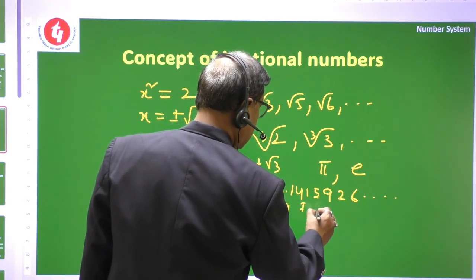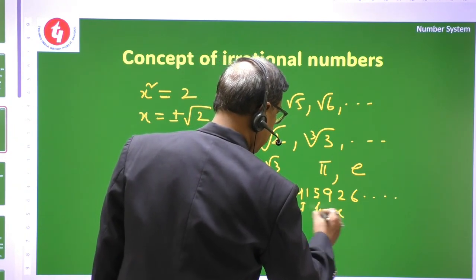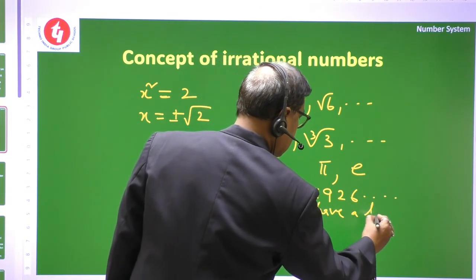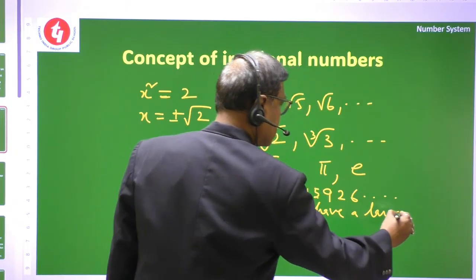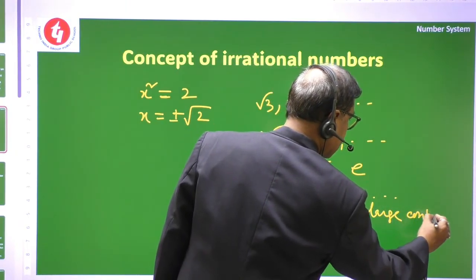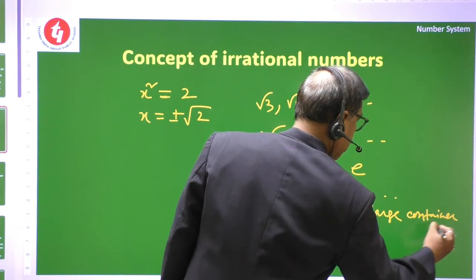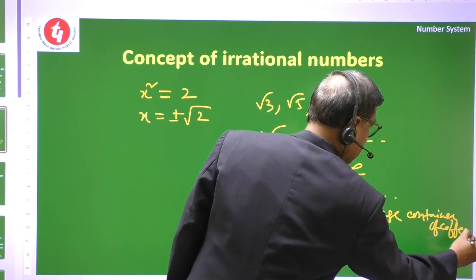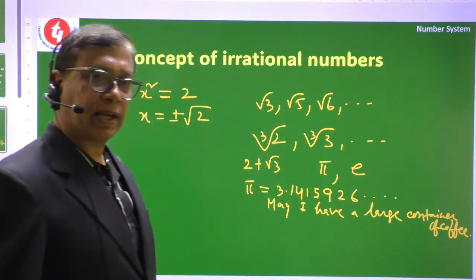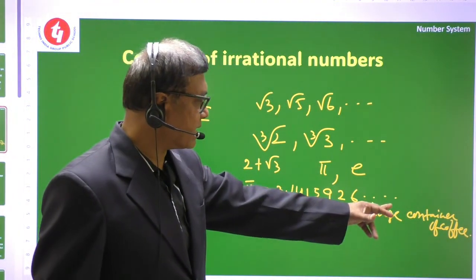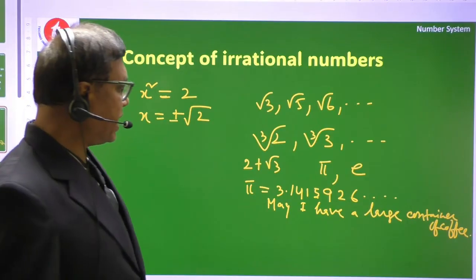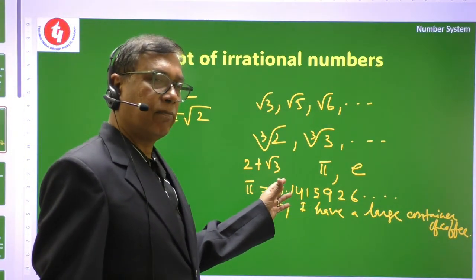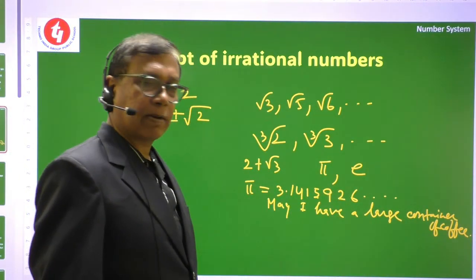May I have a large container of coffee. If you remember this sentence, may I have a large container of coffee, then you can write the value of pi up to 7 decimal places.